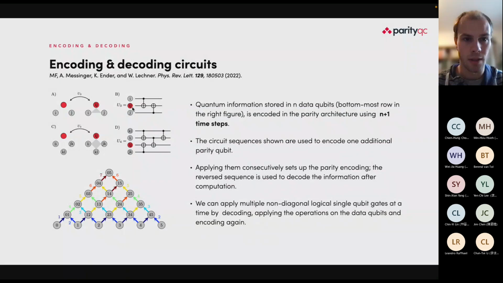A similar circuit can be set up for establishing new parity qubits if we already have three qubits which form such a parity constraint. And as you can see, these gates are always within such a parity constraint which we constructed before. If we cleverly arrange that circuit and apply some gate commutation and cancellation rules, we end up with a circuit that does the whole encoding in n+1 time steps.